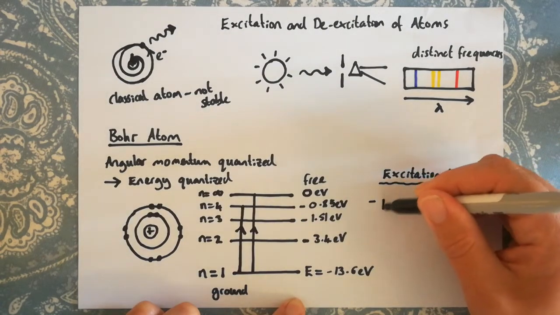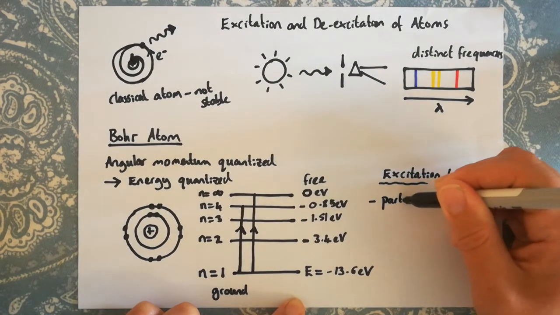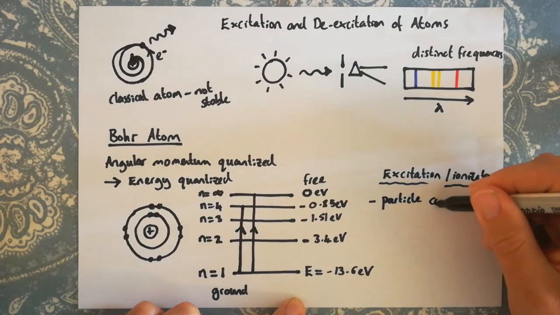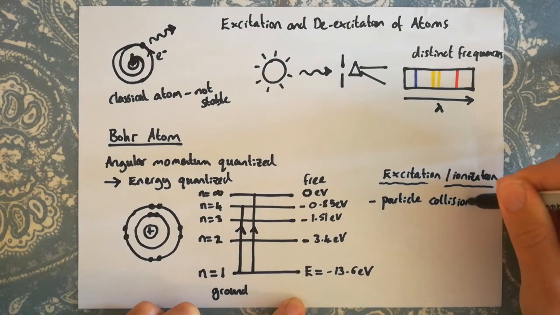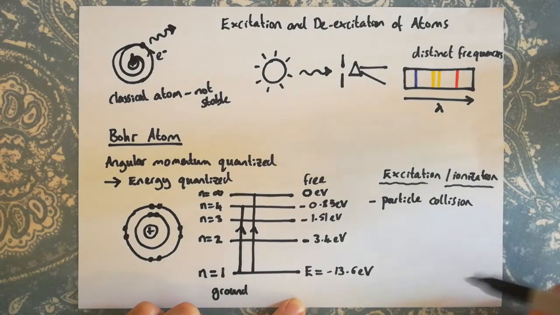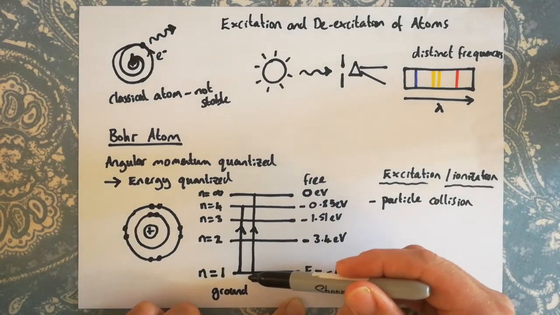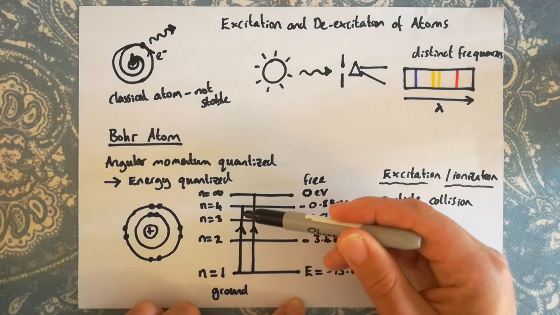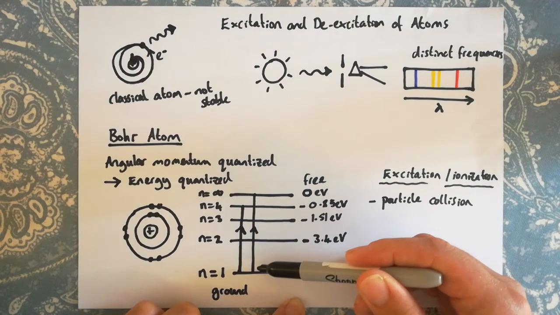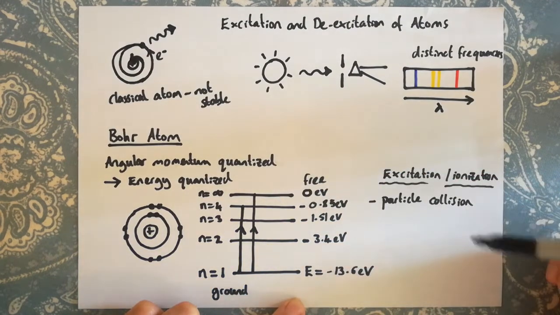In this case, some of the energy of that colliding particle, some of its kinetic energy, is going to be transferred to the electron within the atom, and that's either going to cause excitation, or if enough energy is transferred, it could cause ionisation.